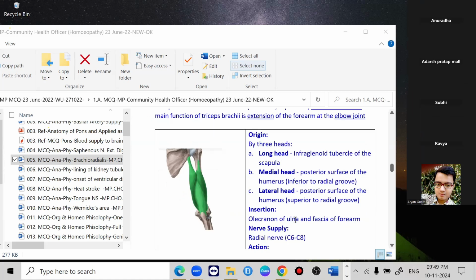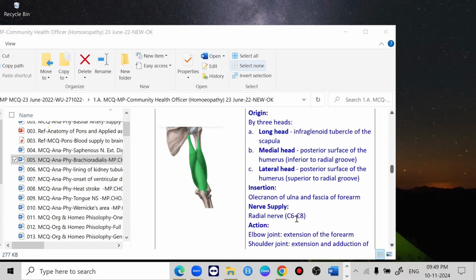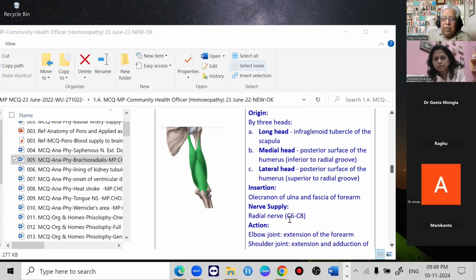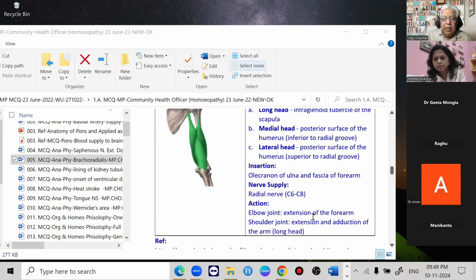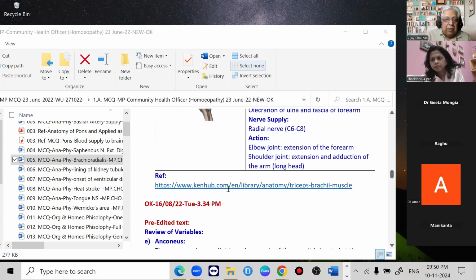Insertion is the olecranon of the ulna and fascia of the forearm. Nerve supply is the radial nerve, C6, C7, C8, and action is extension of the forearm.